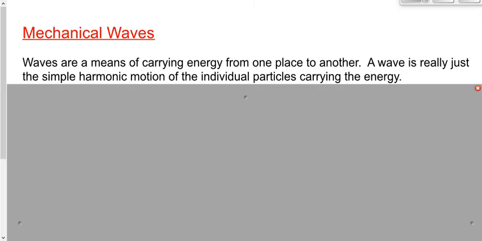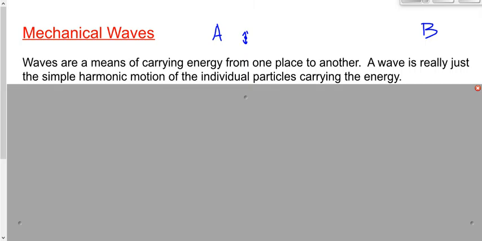And as you saw in the demonstration that we just did, a wave is really just a simple harmonic motion of the individual particles carrying the energy. So person A is down here, person B is right here. The wave transmits the energy from person A to person B, but each individual particle along the way is undergoing simple harmonic motion.